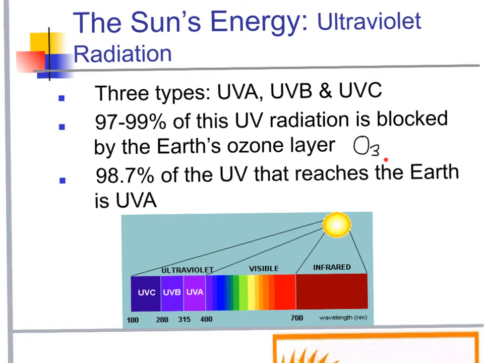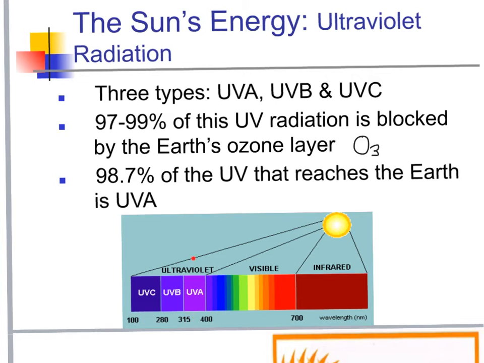So this is the chemical formula of ozone, and ozone is a very good thing when it's in the atmosphere. So UVC is pretty much entirely reflected or absorbed by the ozone layer, whereas UVA and UVB are able to reach Earth.